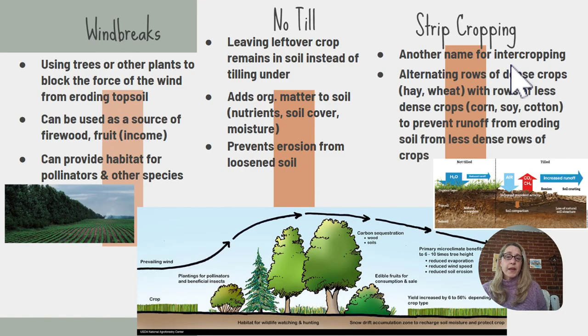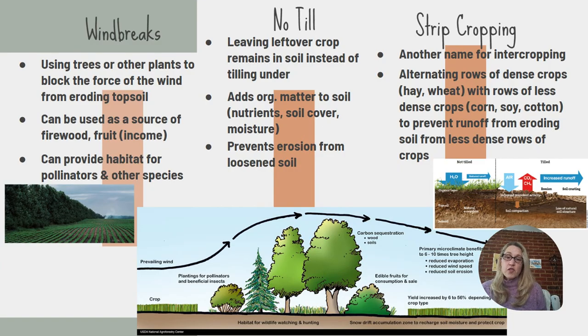And then strip cropping is also called intercropping. And again, you should have seen this with the pest management stuff, this idea of alternating rows or a couple rows of different things. When you strip crop or you intercrop, there's so many benefits to it, right?